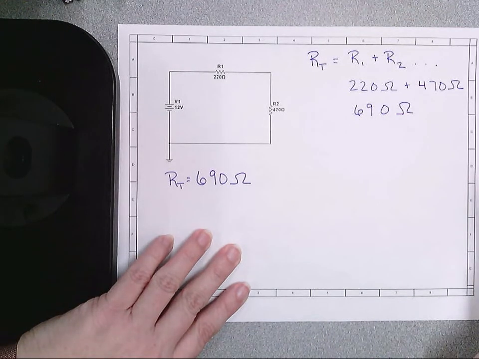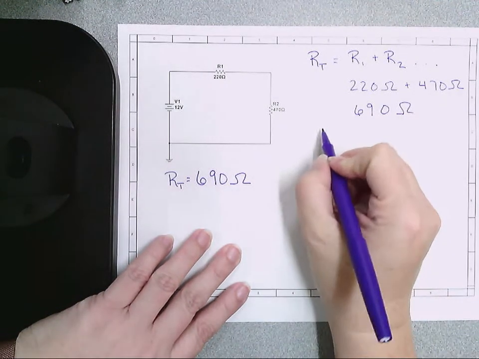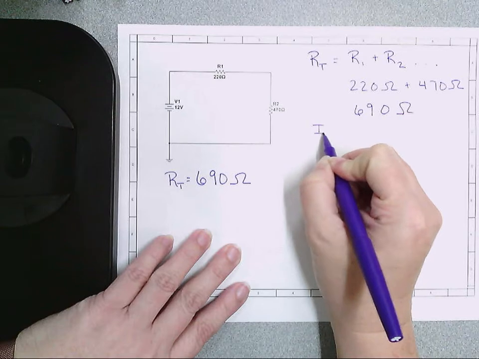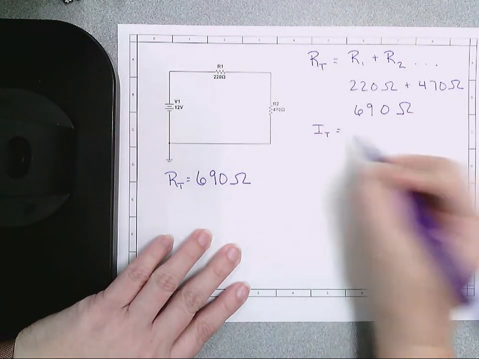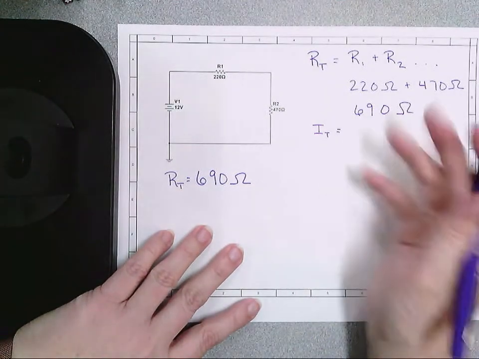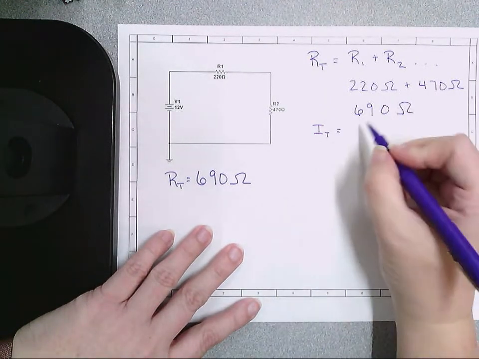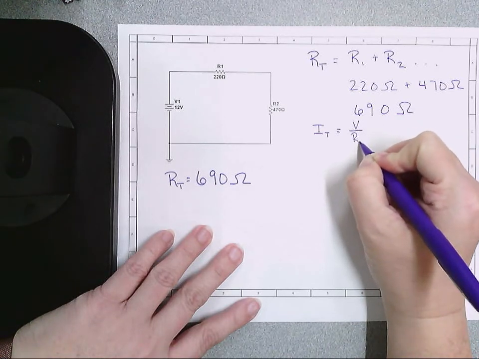We are good. The next step is to find the total current. So that is I sub T. To find the total current, we are going to use current is equal to voltage divided by resistance.